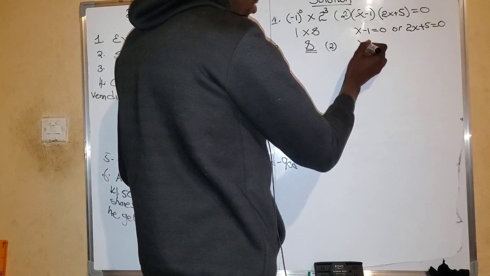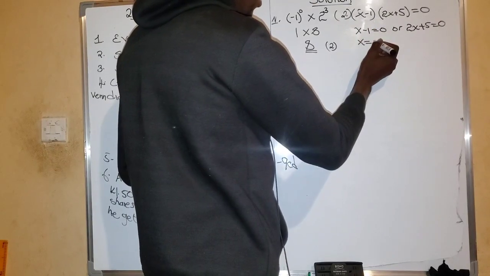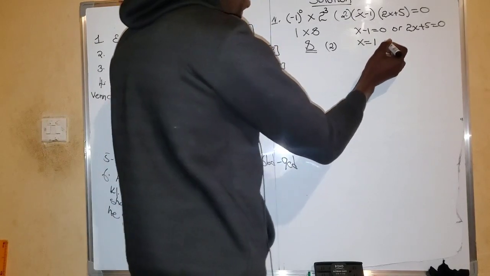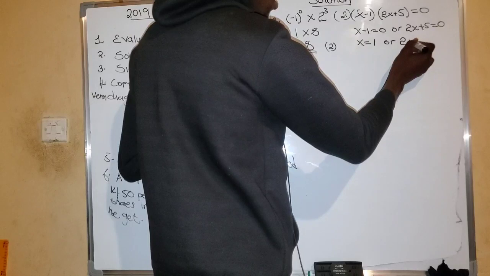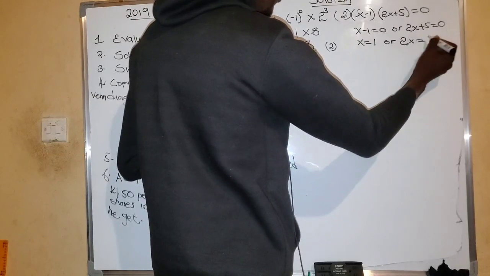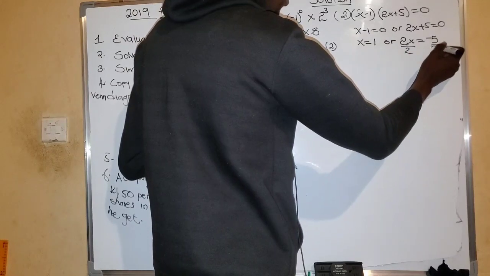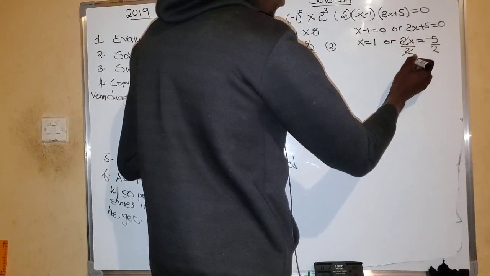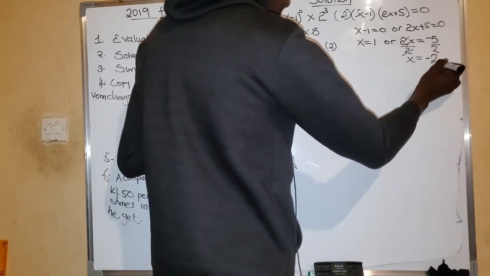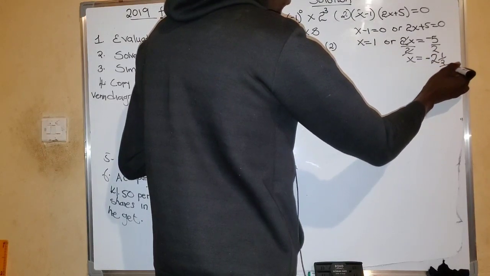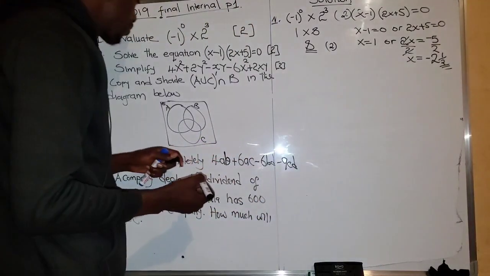So this means x is equal to, when the 1 goes the other side, it becomes a positive 1, or 2x is equal to, when the positive 5 goes the other side, it becomes -5, over 2 over 2. This and that will go. Our x will be equal to -5 over 2, that gives us -2 1/2. So this becomes our answer there.